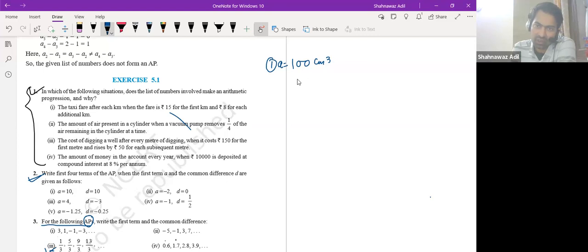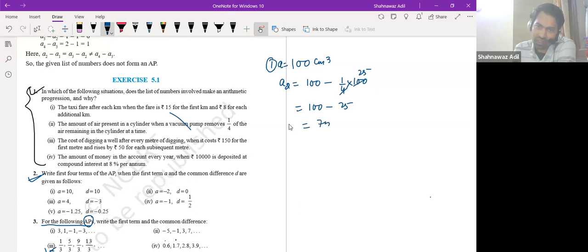So the second term would be the first term minus 1/4, which is removed. So we have 100 minus 25.